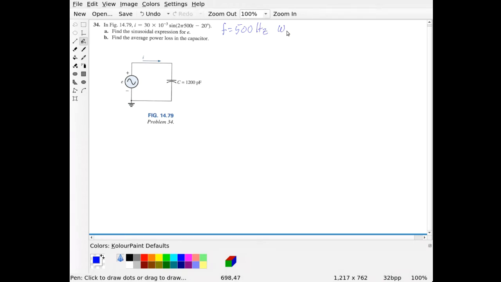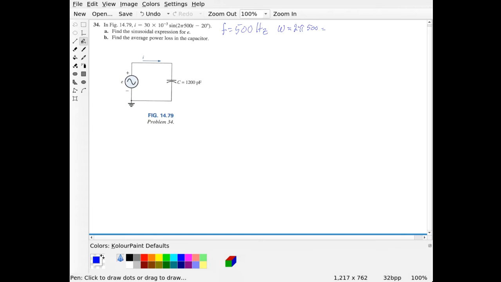The radian frequency, lowercase omega, is then going to be 2 times pi times 500. I think it's going to be like 314 radians per second or something.